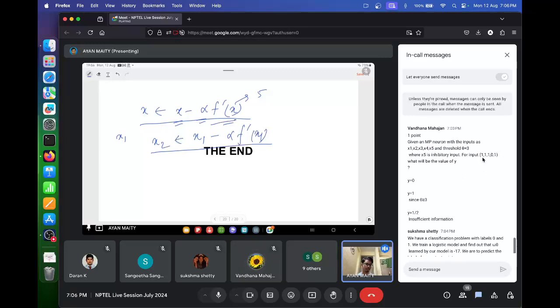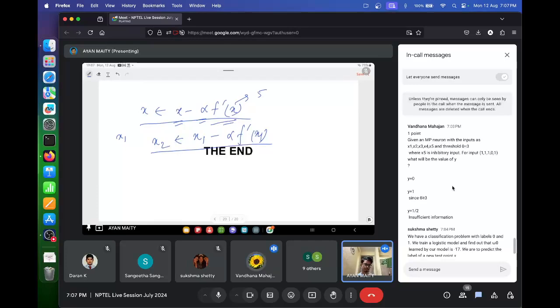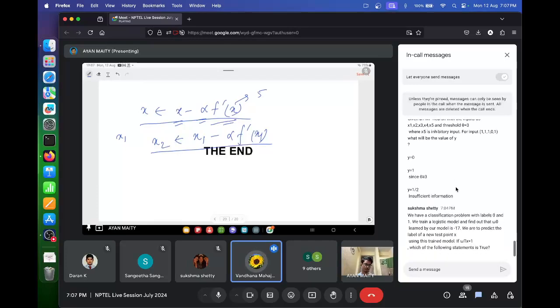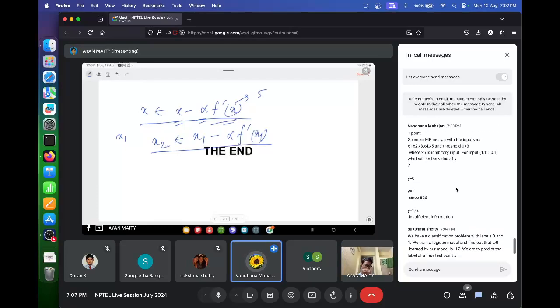So even if it is 0, there are 3 other inputs which are 1, so the sum of all the inputs would still be 3, which is greater than or equal to the threshold. So according to me, the right answer is y equal to 1 since theta greater than equal to 3. But they marked it wrong, and the correct answer is y equal to 0.